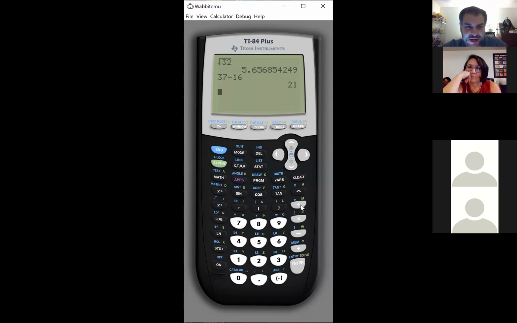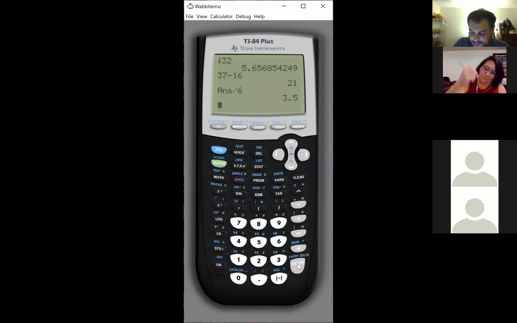Then hit the division button and divide the 21 by the 6, and you get 3.5. The other way is to use parentheses: 37 minus 16, close parenthesis, divided by 6. You get 3.5.